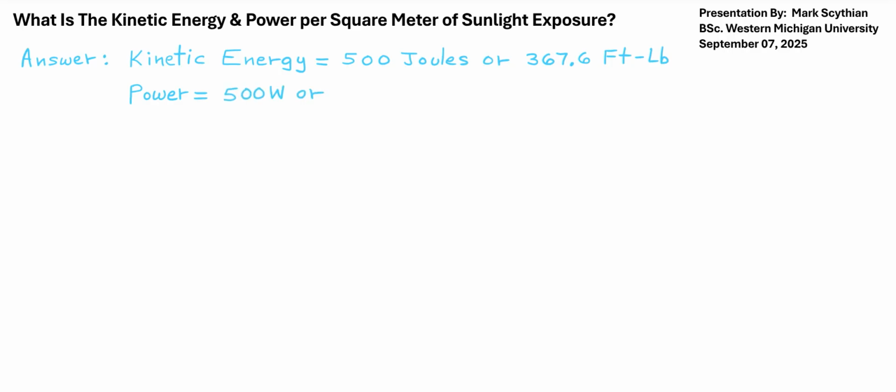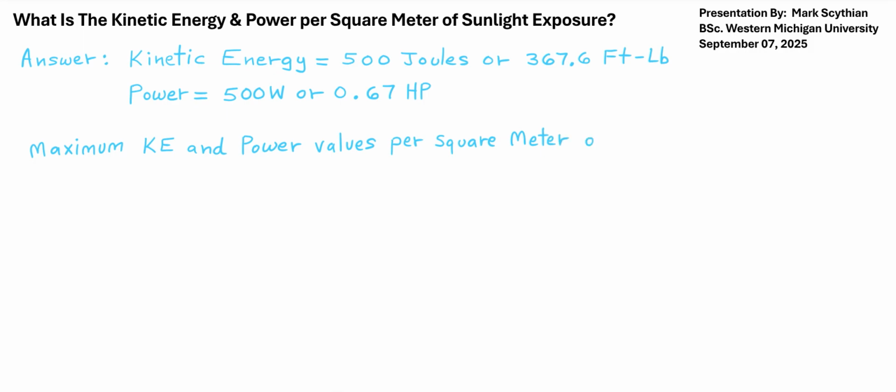And for power, 500 watts, or 0.67 horsepower equivalent per square meter of sunlight exposure. So these are the maximum kinetic energy and power values per square meter of sunlight exposure. And that proves that the photothermal transfer efficiency is approximately 50%.